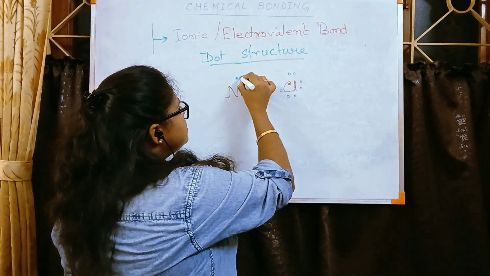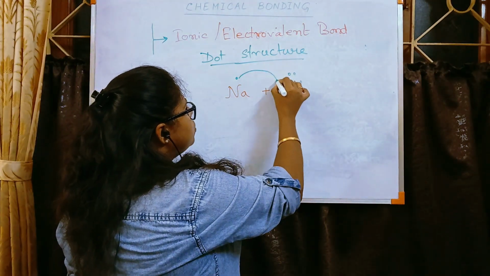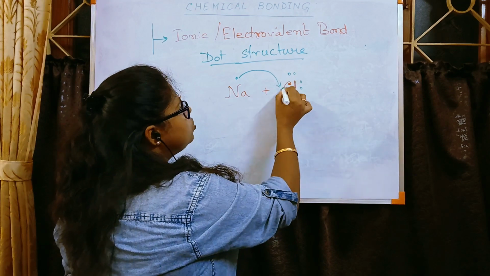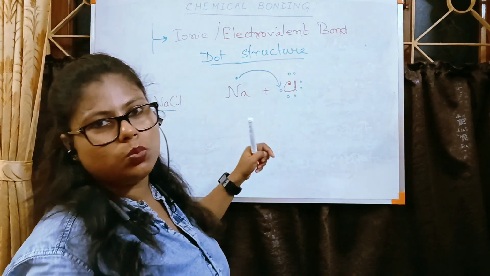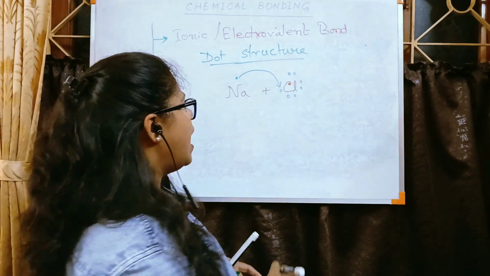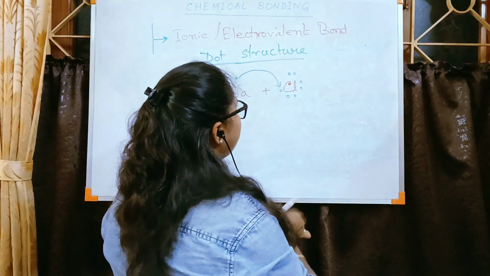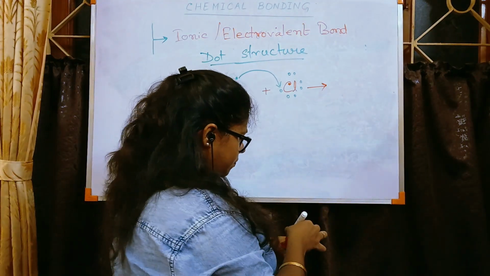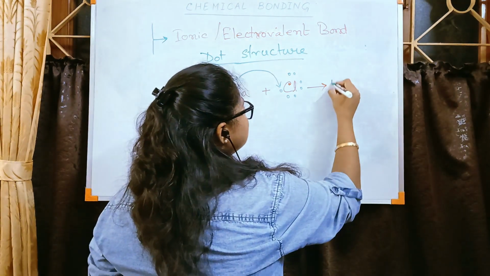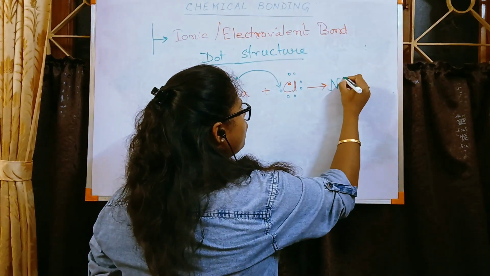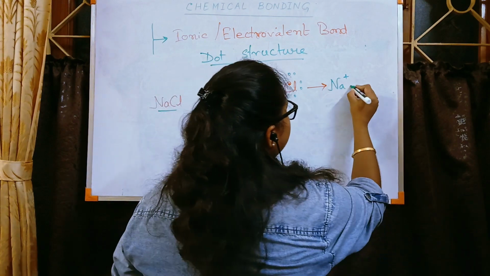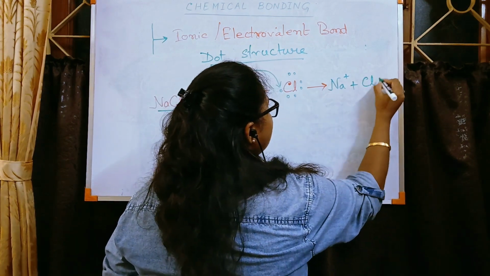Now if this sodium can donate this one electron to this chlorine, then both will attain stability. And as a result, we will get a cation of sodium and an anion of chlorine.